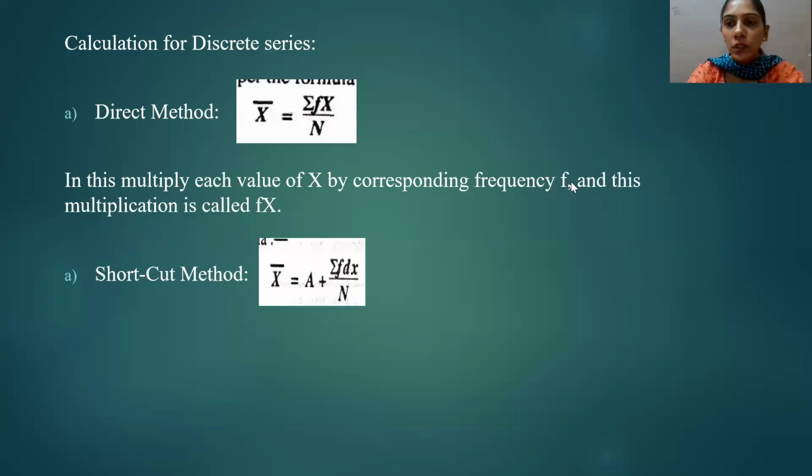Now we will do the calculation of mean for discrete series. For discrete series also we will consider both methods, direct method and shortcut method.